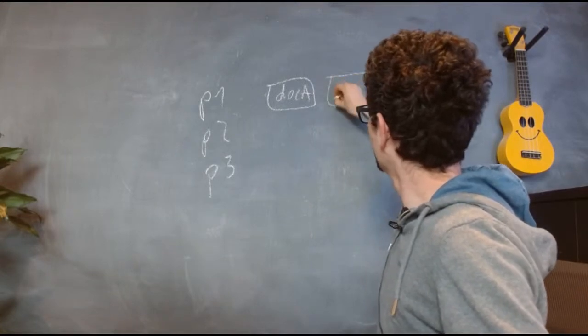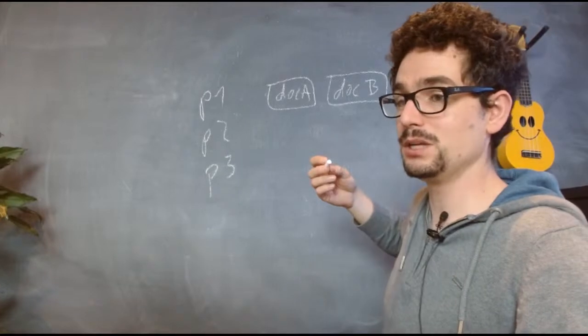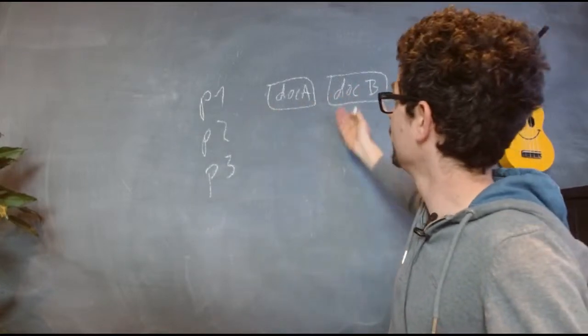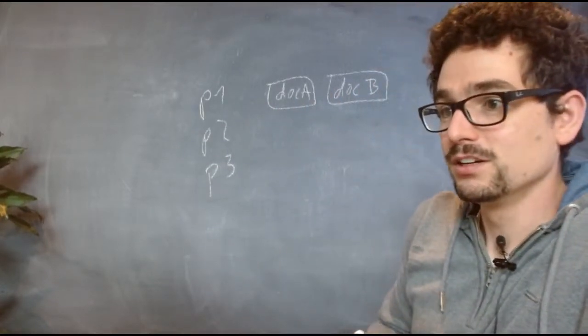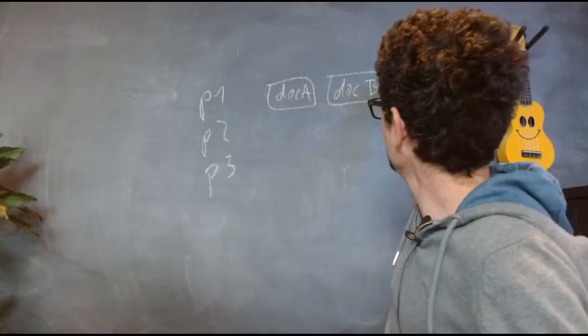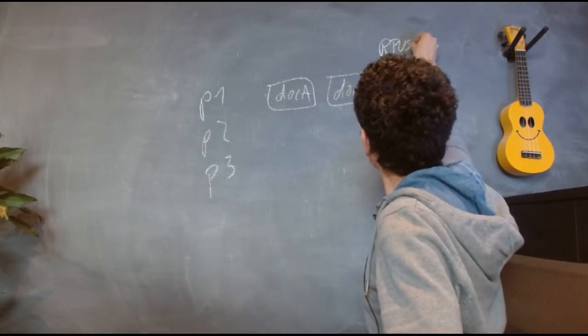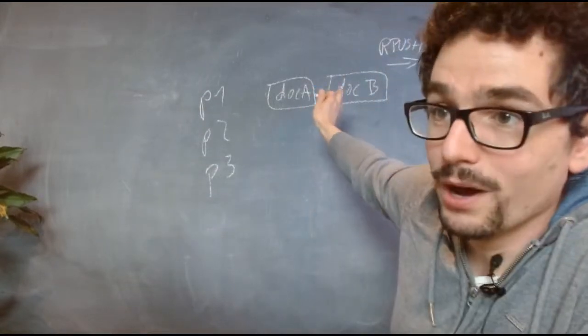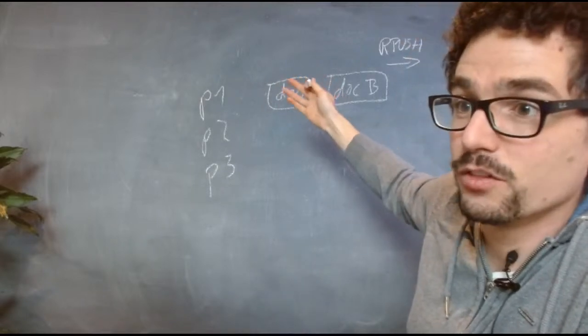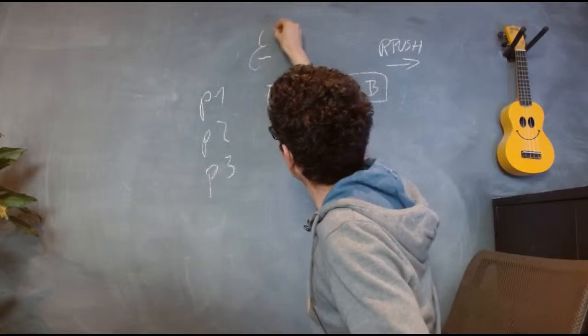And then another person wants to print document B on the same printer, and my printer uses a first in, first out approach. So I use rpush to add something on the right at the end of the queue, and the printer uses lpop.